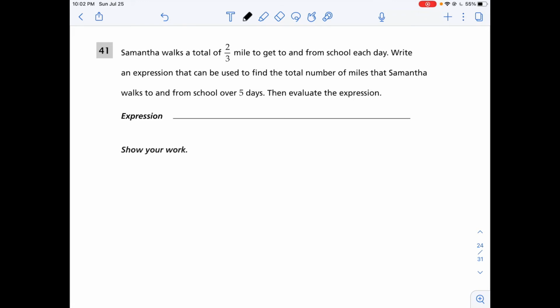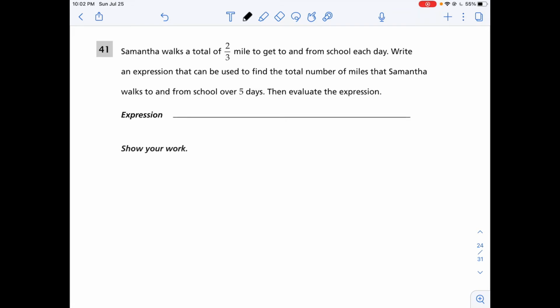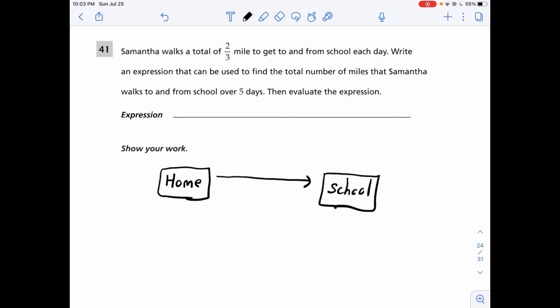So let's do a little picture here. So let's say this is her home. And this is her school. Okay. She walks a total of 2/3 miles. So back and forth is a total of 2/3 of a mile.